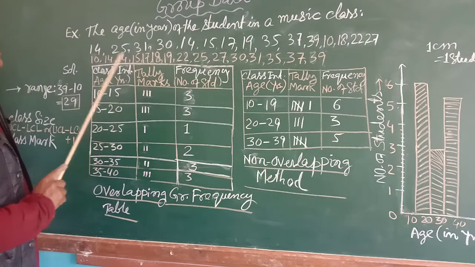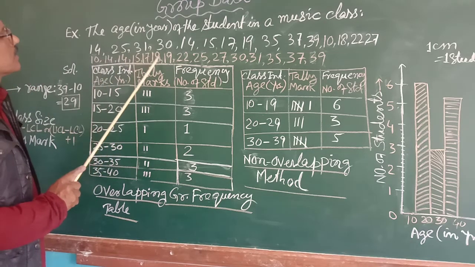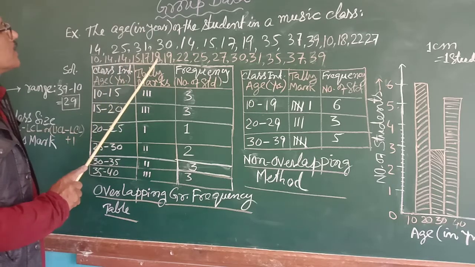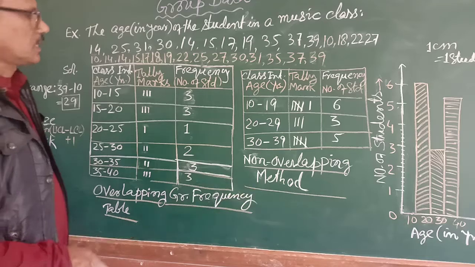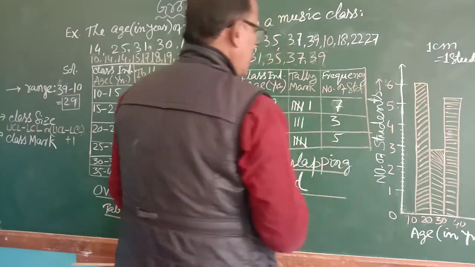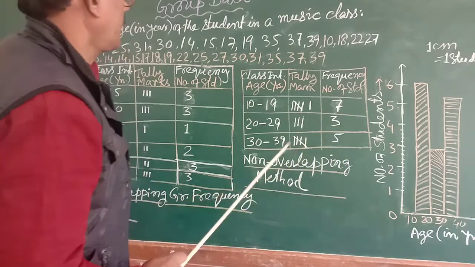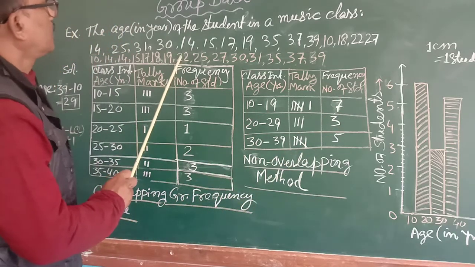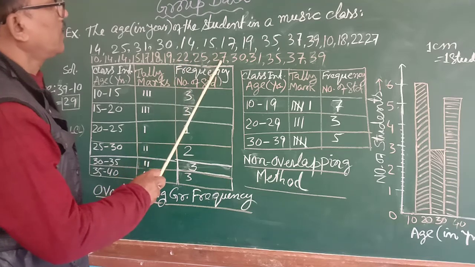From 10 to 19, you see 1, 2, 3, 4, 5, 6, 7 students are there. So 7 students. Now, okay, 20 to 29, how many students are there?